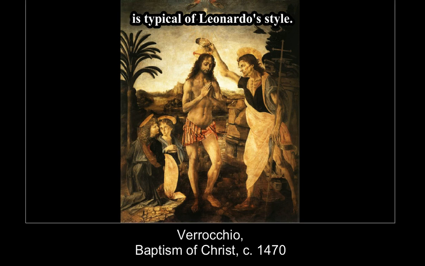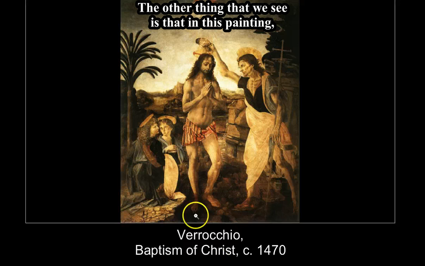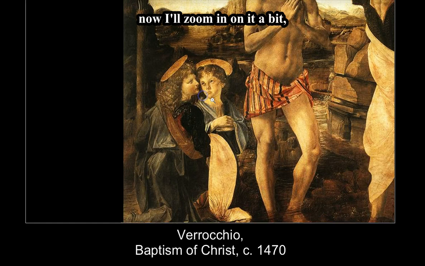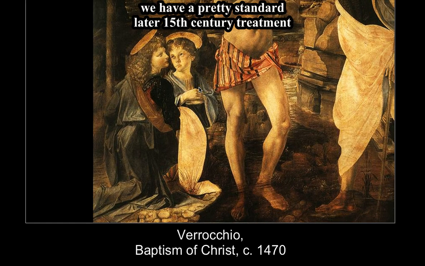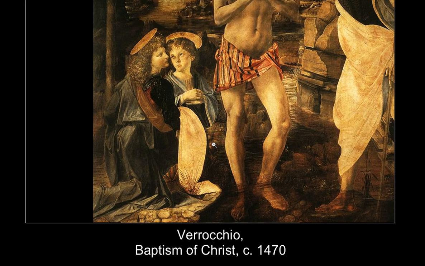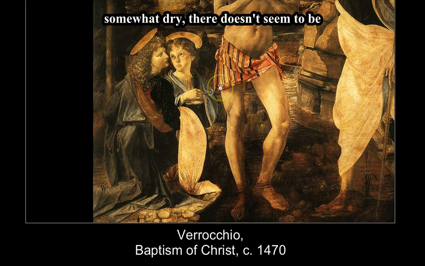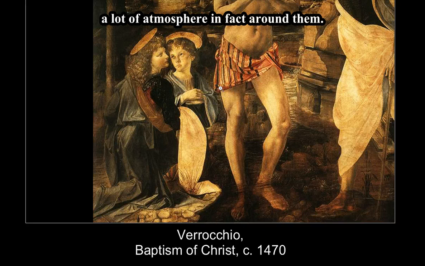And that's certainly something we see as typical of Leonardo's style. The other thing that we see in this painting, and I'll zoom in on it a bit, is a pretty standard later 15th century treatment of the religious figures. They're certainly beautiful, but somewhat linear, somewhat dry. There doesn't seem to be a lot of atmosphere, in fact, around them.